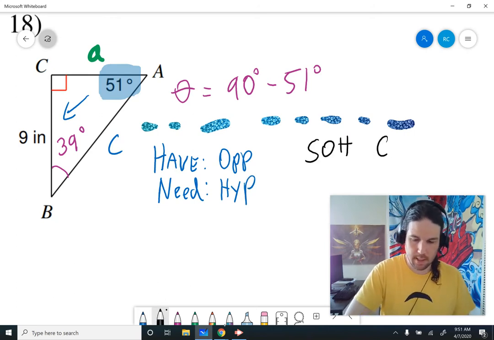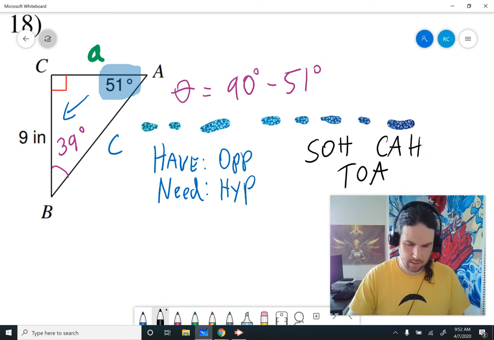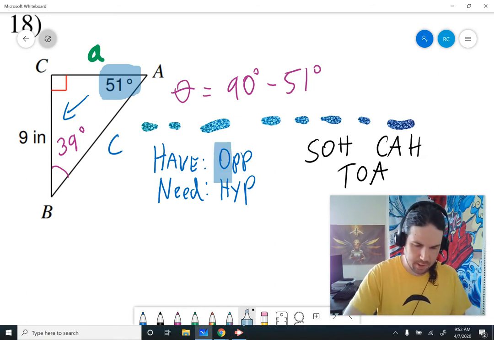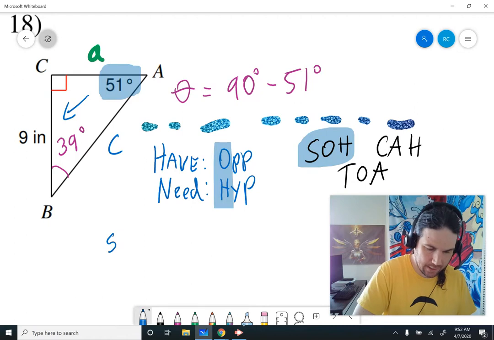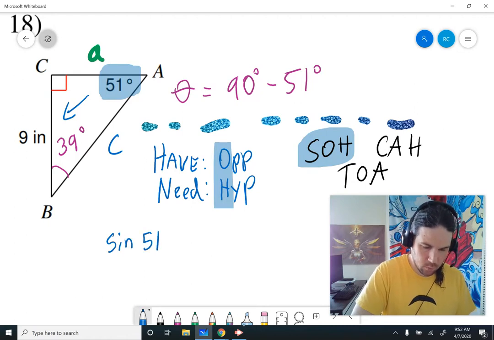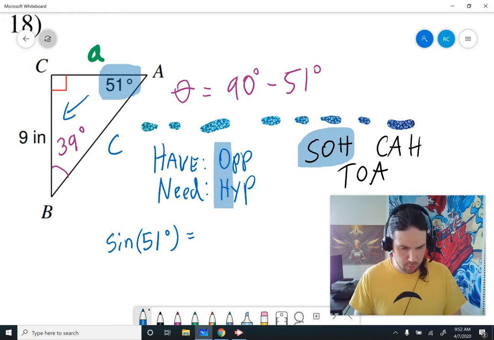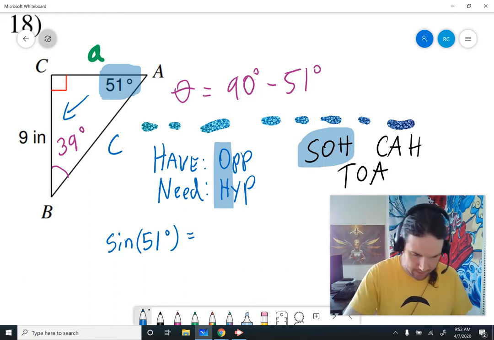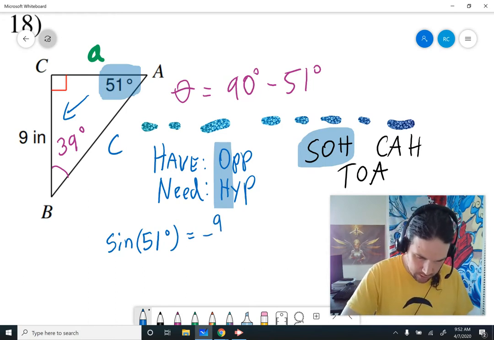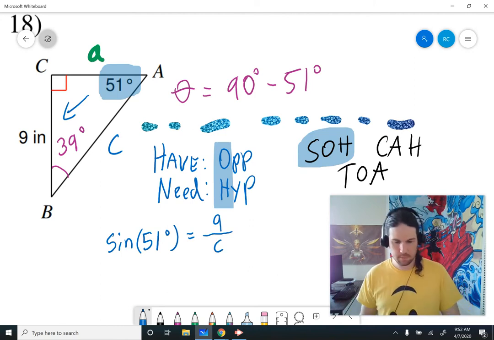So, SOHCAHTOA. Opposite and hypotenuse. That looks like sine to me. So I get sine of 51 degrees equals opposite over hypotenuse. Opposite is 9 inches. Hypotenuse is C.